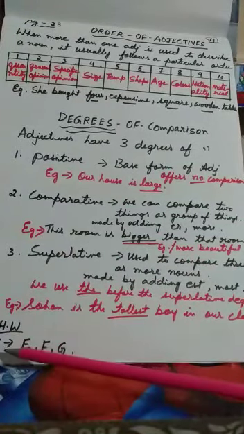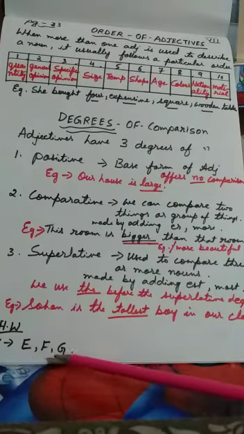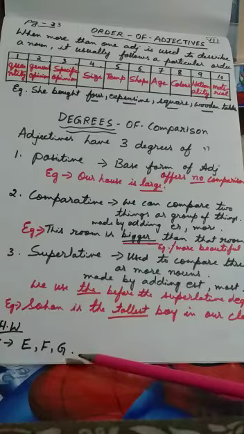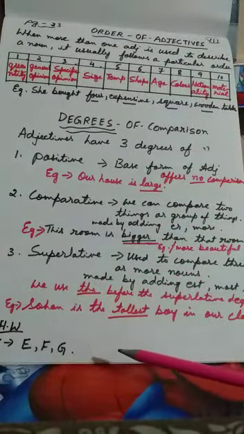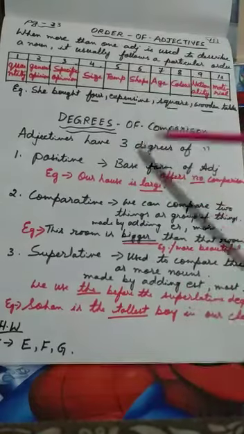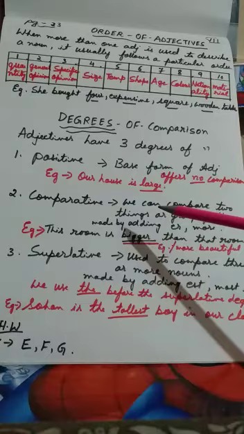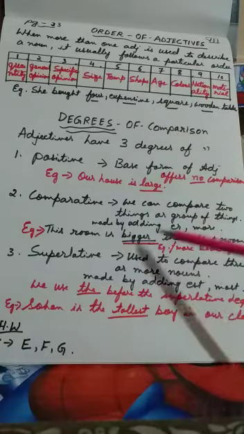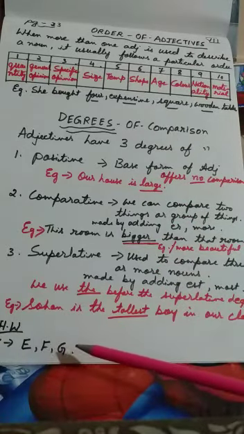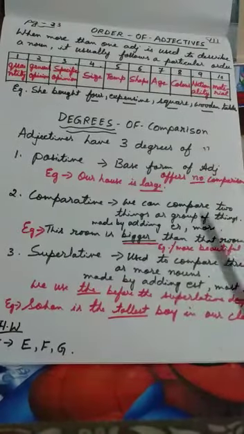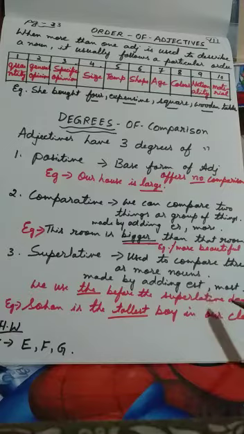These exercises, exercises E, F, G, H in your second chapter, adjectives, are all based upon this explanation. So you will try to complete exercises E, F, G, H and try to understand all the different kinds of sentences.